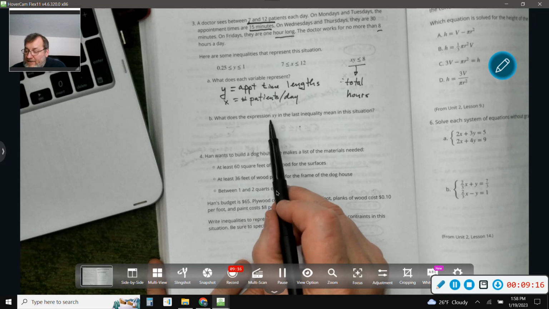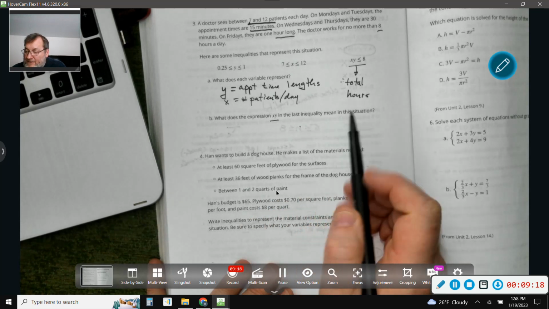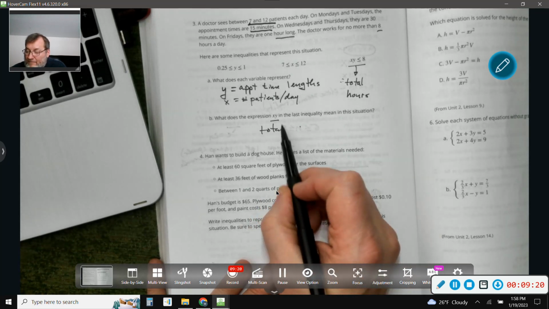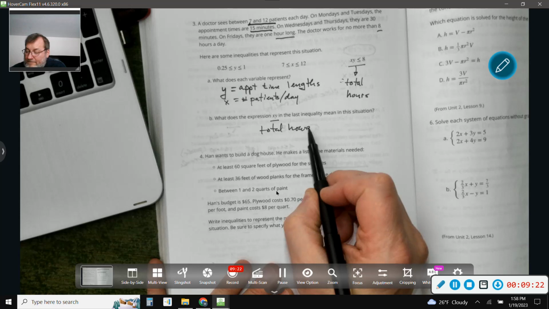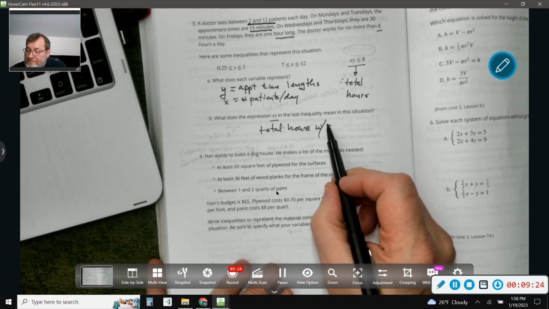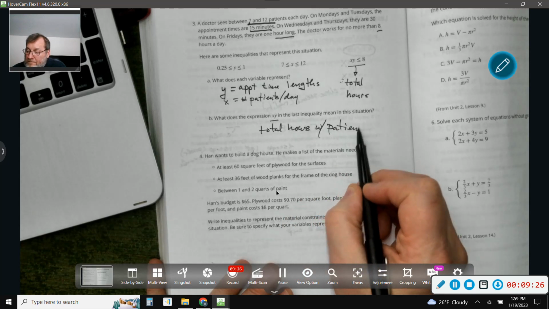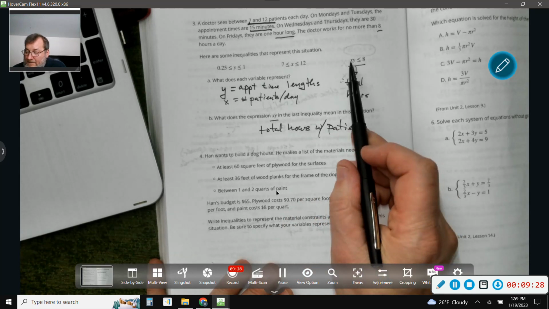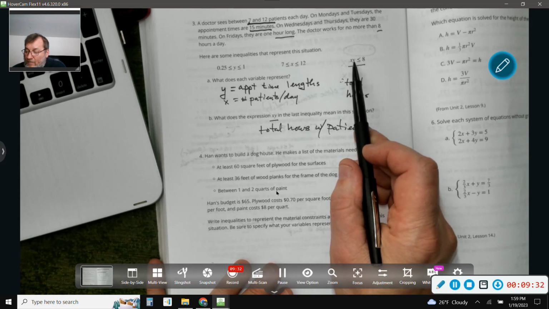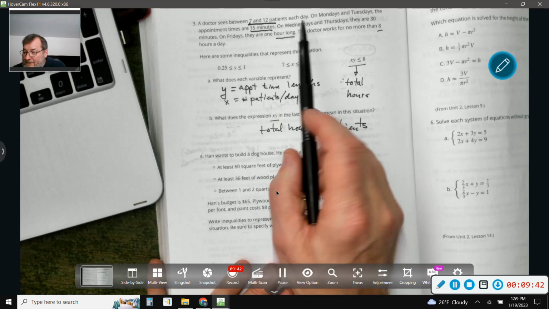What does the expression XY in the last equation mean in this situation? It's total hours. Total hours with patients. All right. X is going to be the appointment time length. Y is the number of patients per day. Let's see. And so, 17 patients each day.